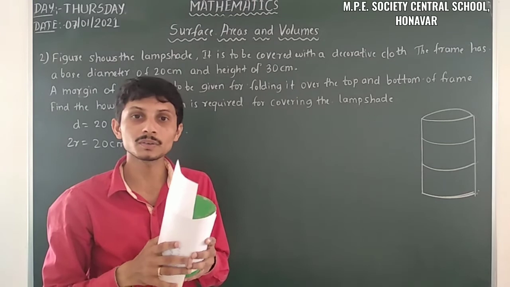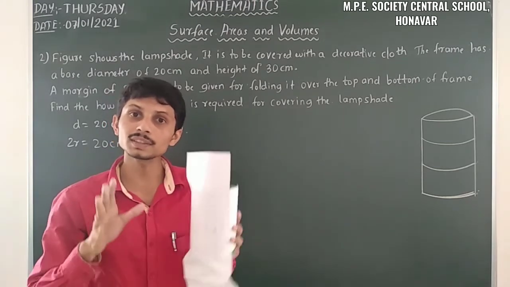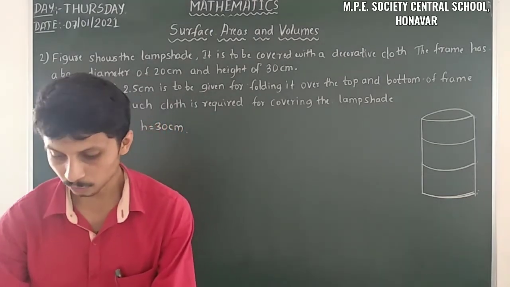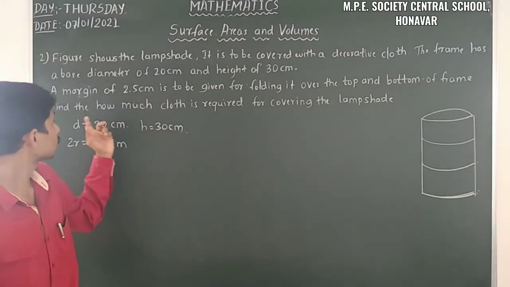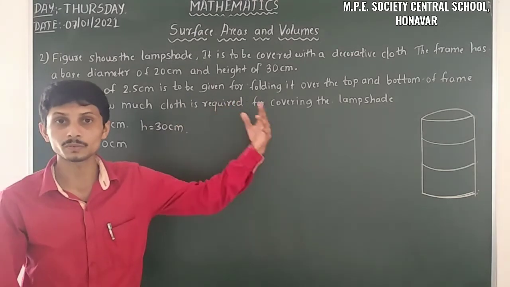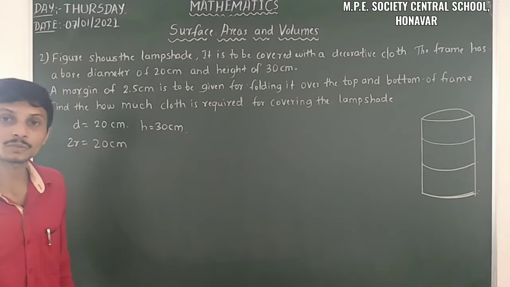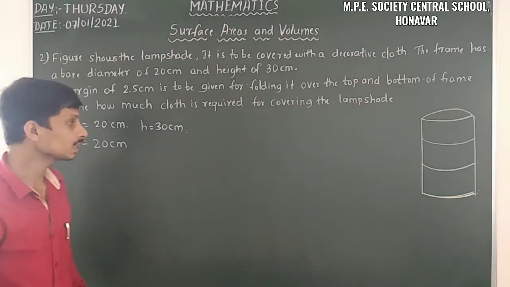So firstly we have to find out the total height of this decorative cloth. Then we can find out how much cloth is required for covering the lampshade. That one we have to find out in the next part. Firstly we have to find out the total height of the decorative cloth.